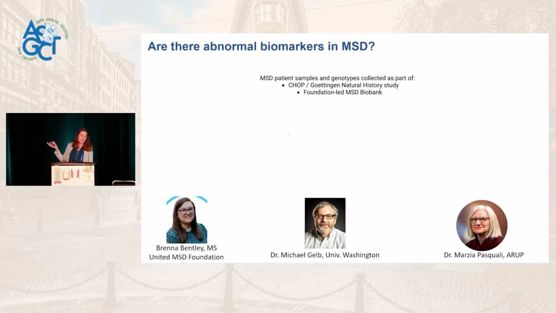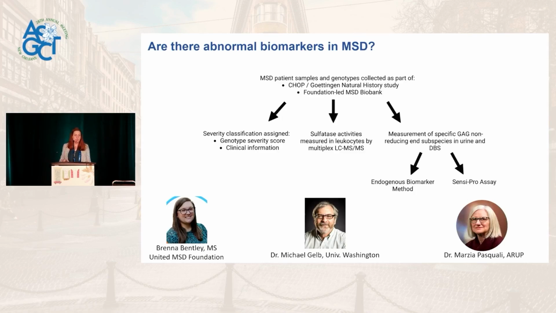And we are lucky in that we had patient samples from our natural history study and the MSD Foundation-led biobank, and a lot of friends who helped us along the way to first classify patients into more severe or less severe, and then do a variety of biochemical assays to figure out if we could find a biomarker that would segregate with severe or attenuated disease, and then maybe in the future, a response to a therapy.